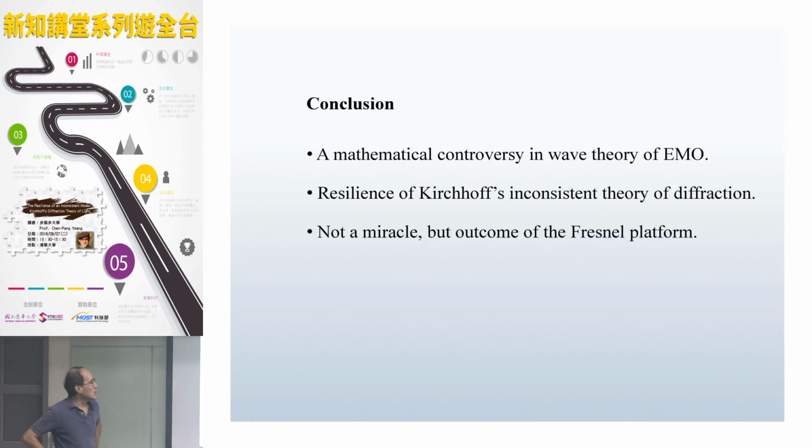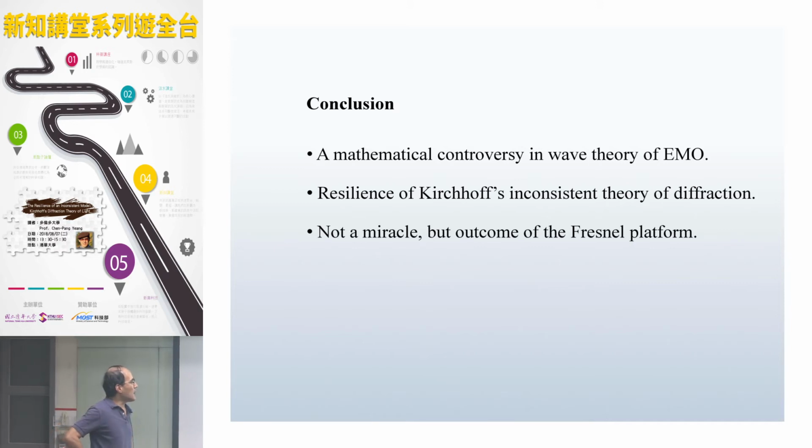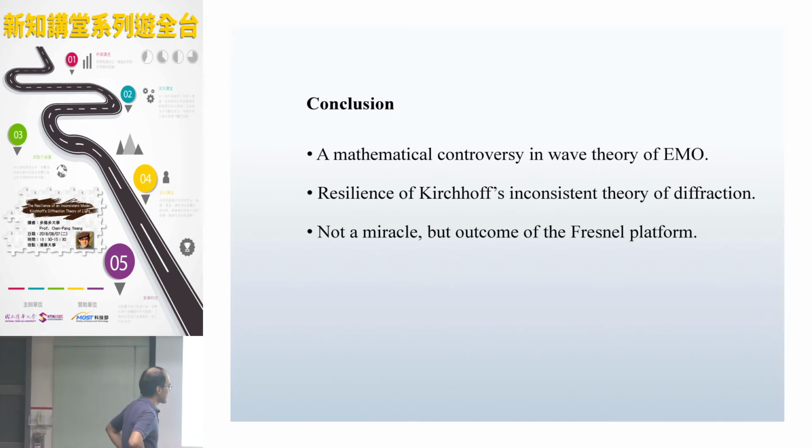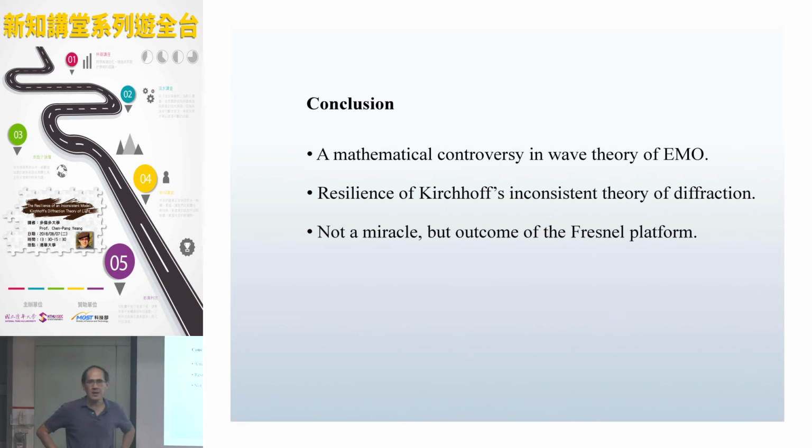So to conclude, this story is about the mathematical controversy in the wave theory of light, electricity, and magnetism. And it shows the resilience of Kirchhoff's inconsistent theory of diffraction. I don't believe that this is a story about a miracle in scientific theory. I believe this is a story about the resilience of an existing theoretical platform.